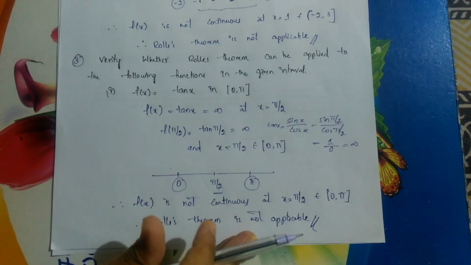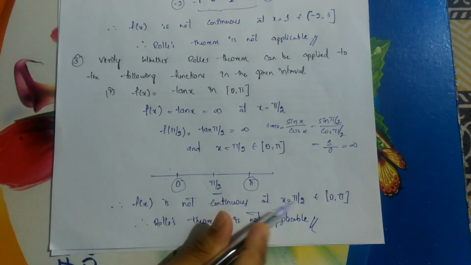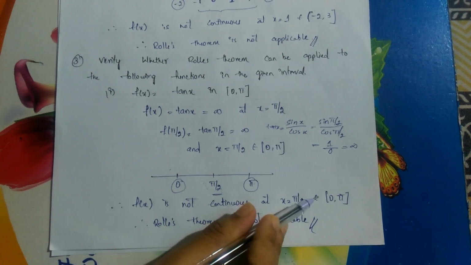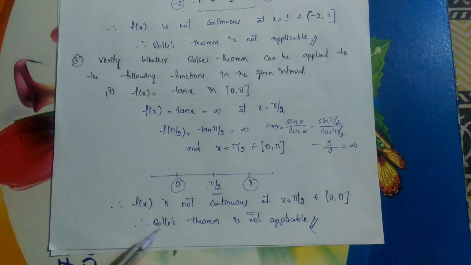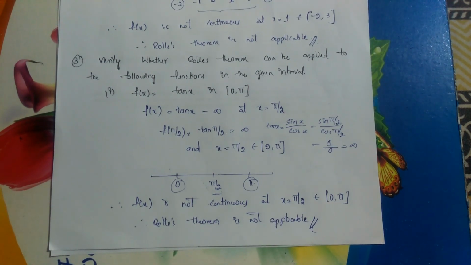So we write the conclusion: f(x) is not continuous at x = pi by 2, and this pi by 2 belongs to the interval 0 comma pi. Therefore, Rolle's theorem is not applicable. The given function is discontinuous at the point x = pi by 2.